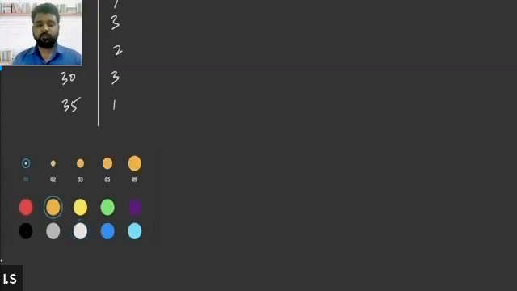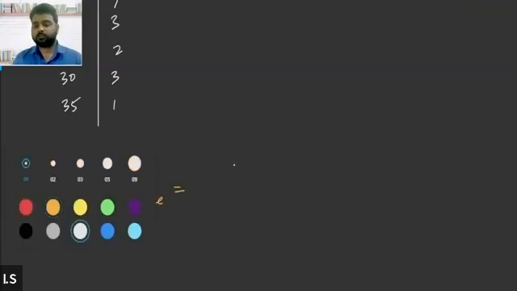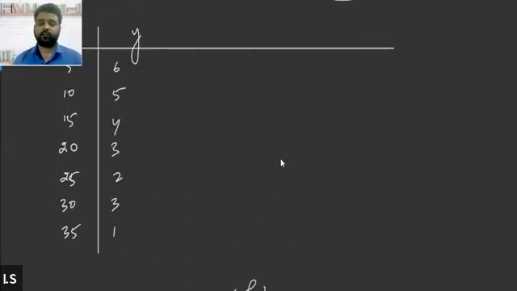The formula for calculating mean deviation by median is sigma f dx divided by the number of items, right? In this case also we first need to figure out the value of dx.